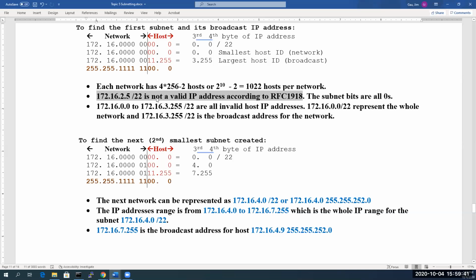So you can say that it's not a valid IP address. I will definitely not test you on this in my class, okay?